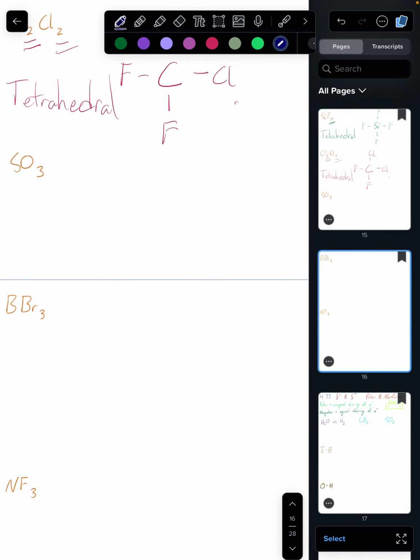So moving on to our sulfur trioxide. We have our main one here. And we have our 3 oxygens. We're going to have our sulfur and our oxygens.